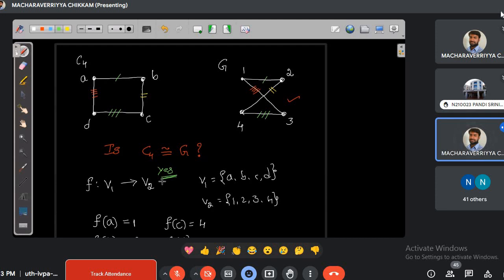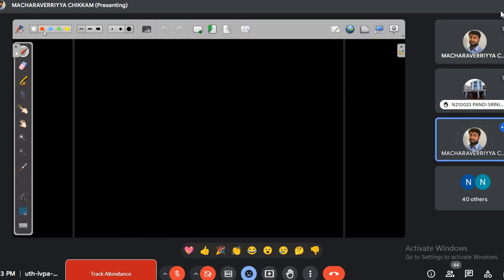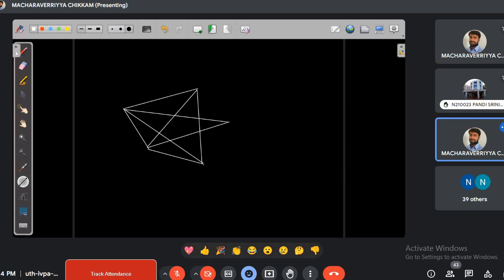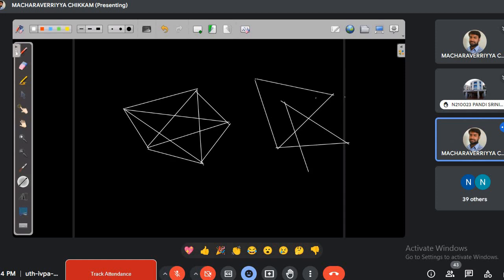Okay. So since here you have 4 vertices and only 4 edges, you can easily identify an isomorphism between them. But what if you have a big graph? For example, let's say you have one graph like this with 5 vertices, and another graph is, how many vertices are there?